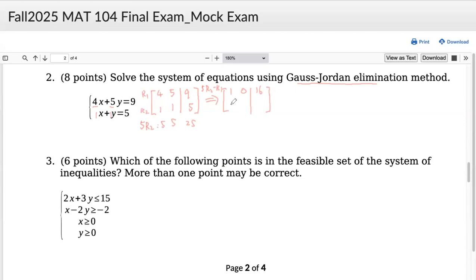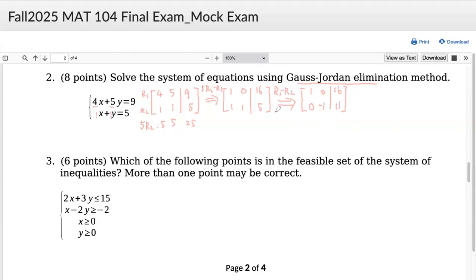And the second one, we have 1, 5. Just keep writing it. Now we want to change this one to be 0. So 1, 0, 16. Our operation on the second row, or we could do R1 minus R2. 1 minus 1, 0. 0 minus 1, negative 1. 16 minus 5, 11.